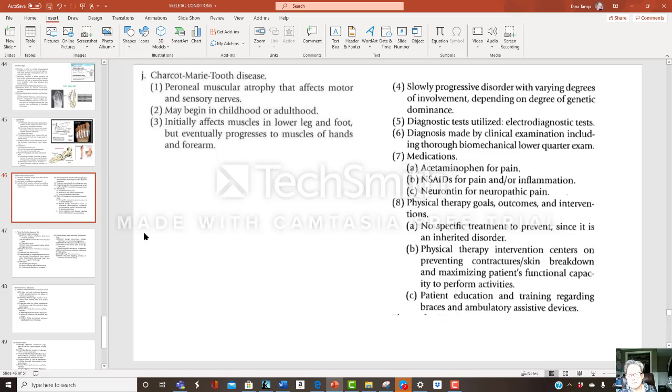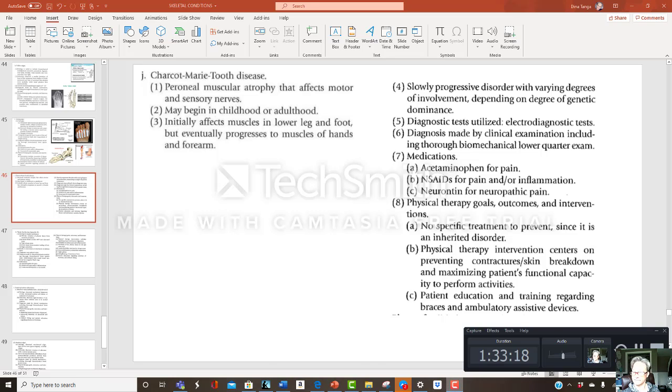Physical therapy intervention centers on preventing contractures, skin breakdown, and maximizing patients' functional capacity to perform activities. Patient education and training regarding braces and ambulatory assistive devices.